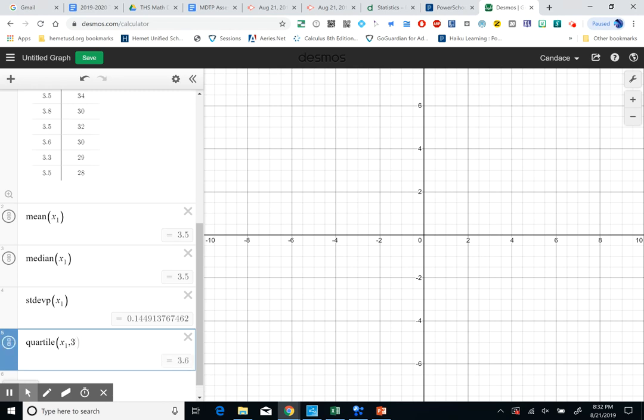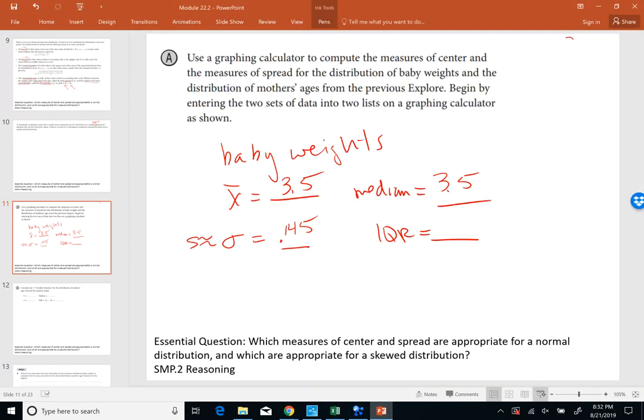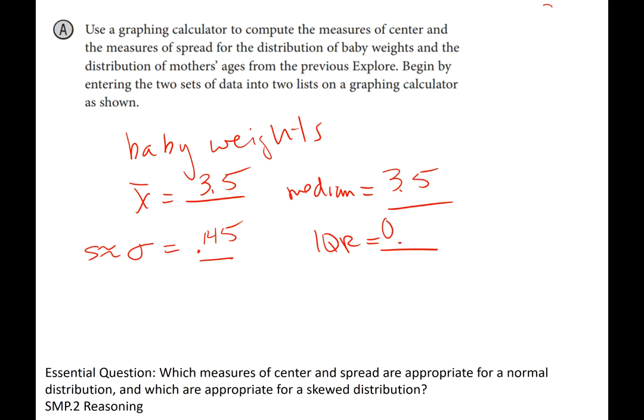So you do a 3. And then I'm going to subtract, and I'm going to type in quartile again. X sub 1, get out up so I can do a comma, 1. And there's my calculation. It's 0.2. All right, 0.2.